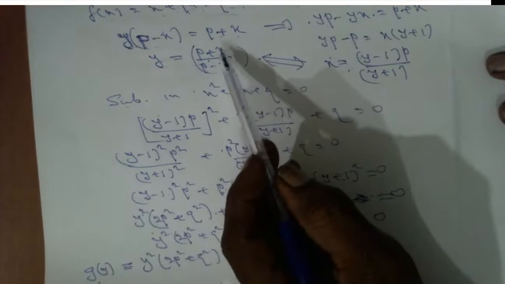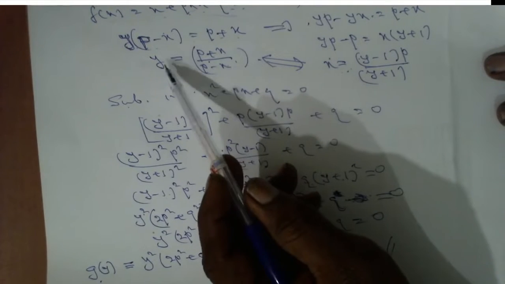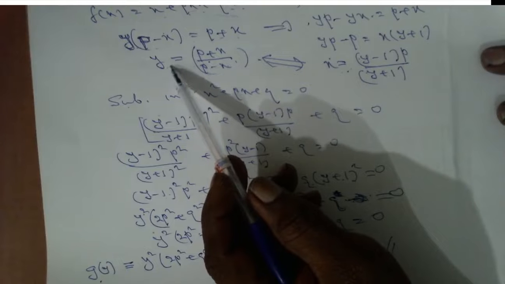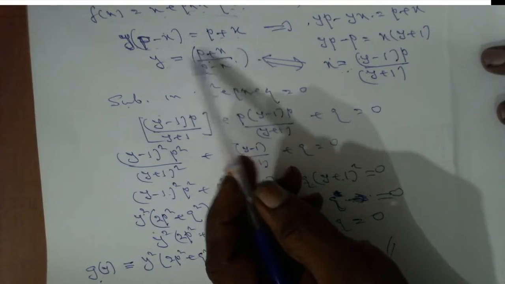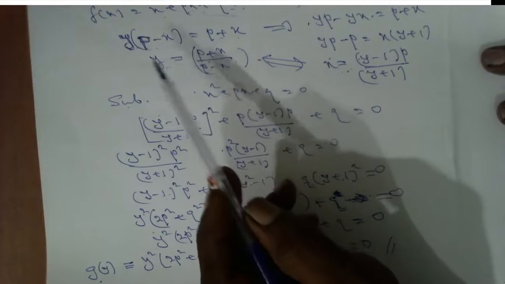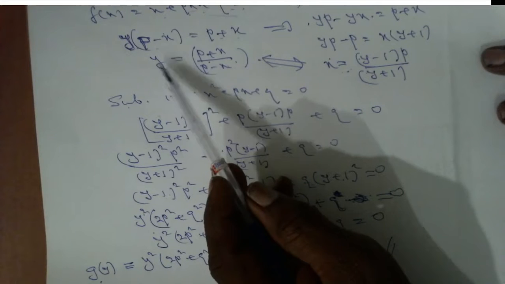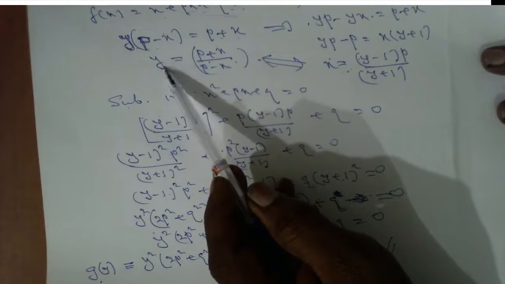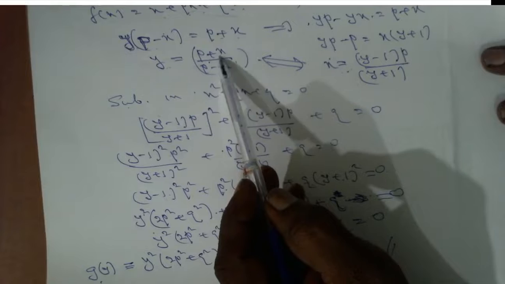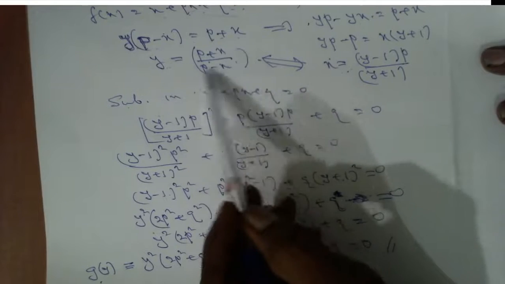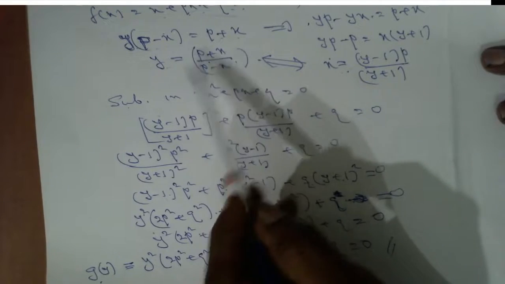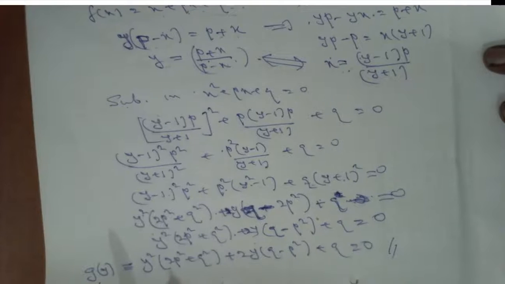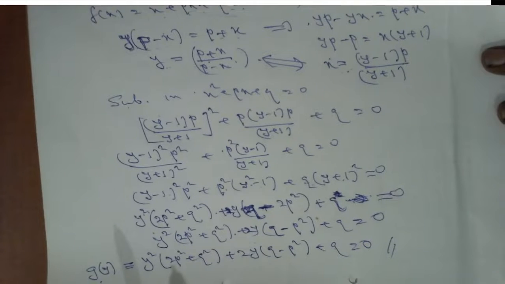If you know the values of x, you can find the values of y. Is it clear to you? If you know the values of y, you can find the values of x using this relationship. Is it clear? Yes, sir.